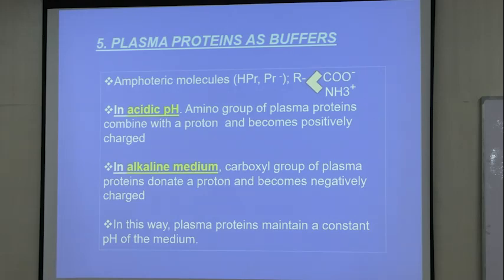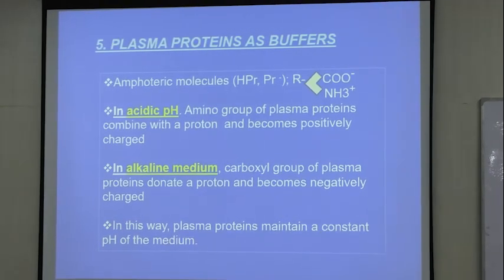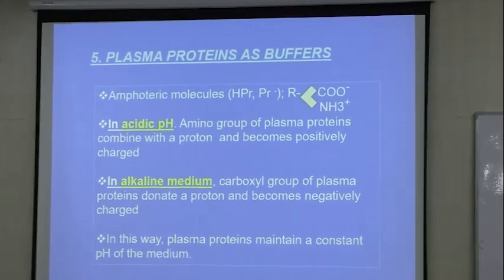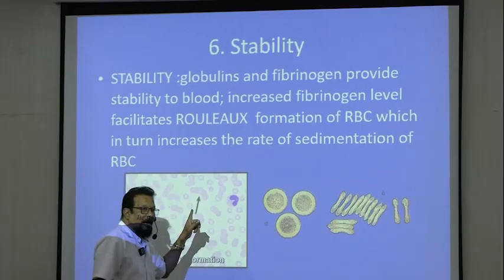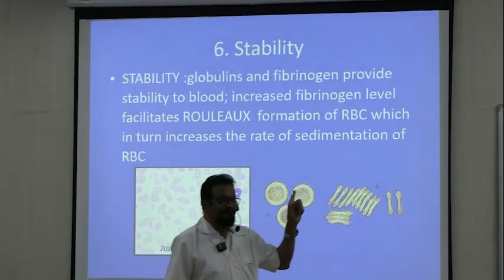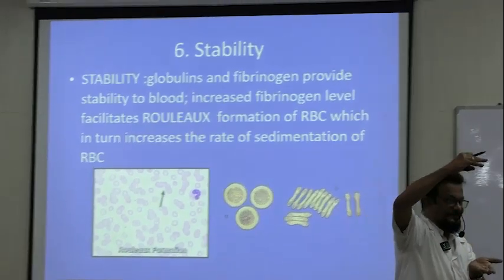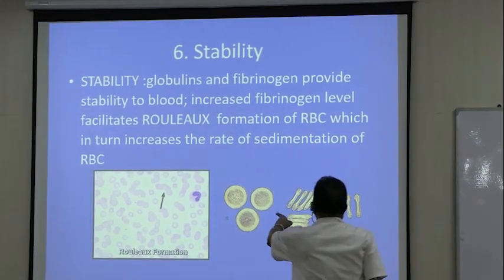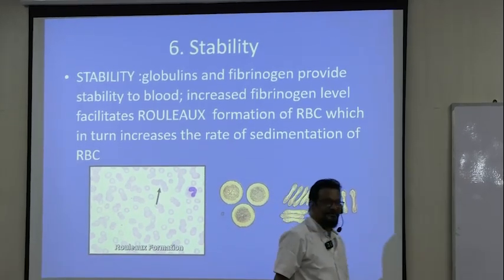Why is it 7.4? Why do we try to maintain it? I have already explained in an earlier class. For you, those who are new, why is it essential to maintain the pH at 7.4? You have to find out the answer. You have heard of rouleau formation. RBCs are stacked.